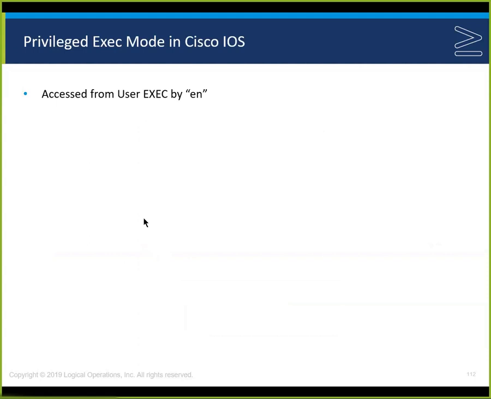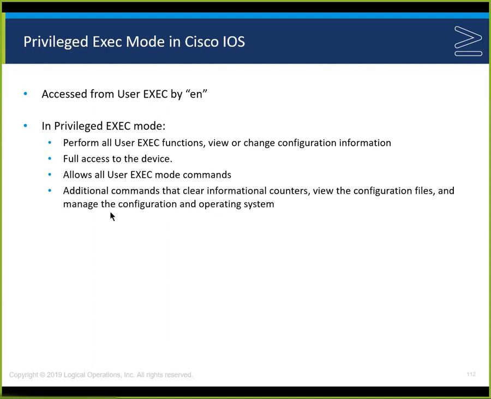The privilege exec mode is accessed from the user exec mode by en, or enable, or en tab. Enable is the full command that we use to get into this mode. Privilege exec mode has all the user exec functions. As we move up each layer, we can execute the commands that were below it.